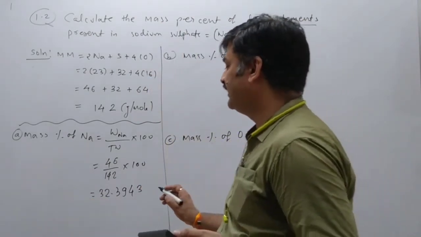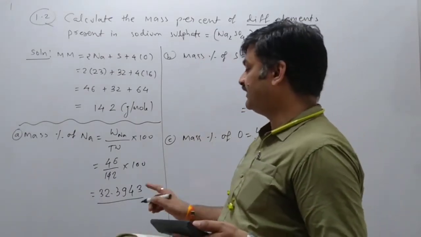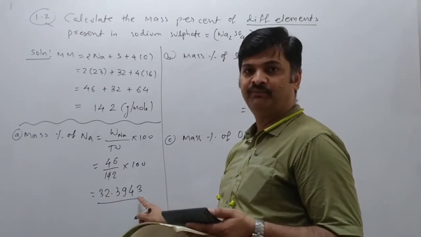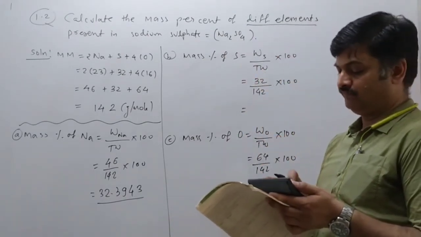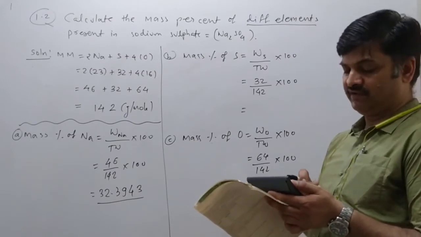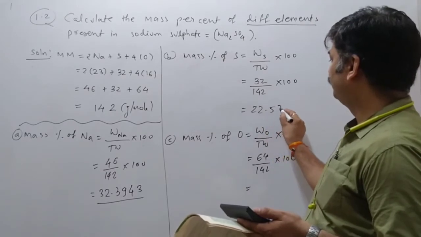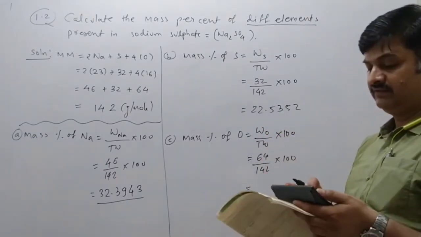Whenever you are using a calculator, please specify the digits after the decimal. Up to 4 digits you have to write down. The same condition will come here: 32 divided by 142 gives 22.5352.